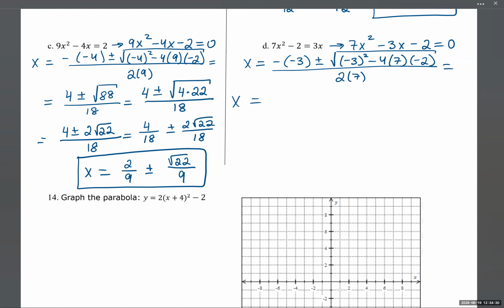So double negative in front of the 3, 3 plus or minus square root. Calculate everything under the radical. You should get 65 divided by 14. Now square root of 65 cannot be simplified any further, so this is your final answer.